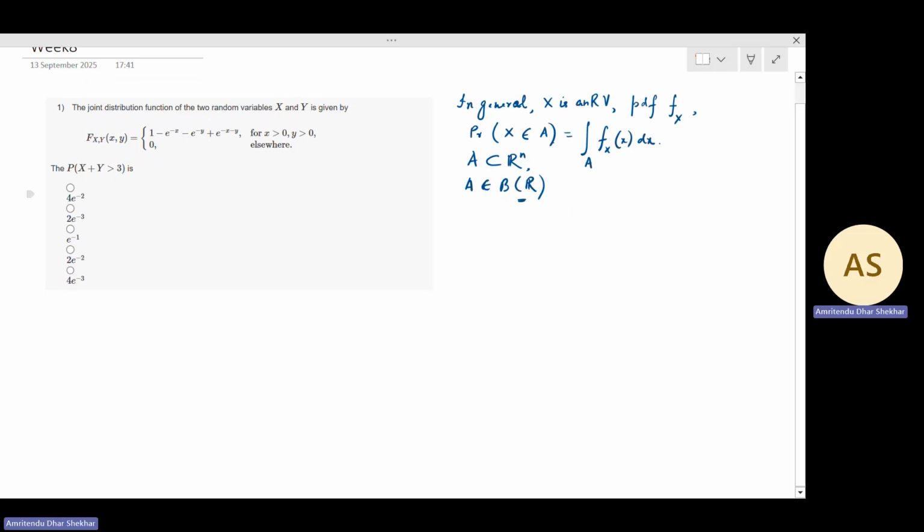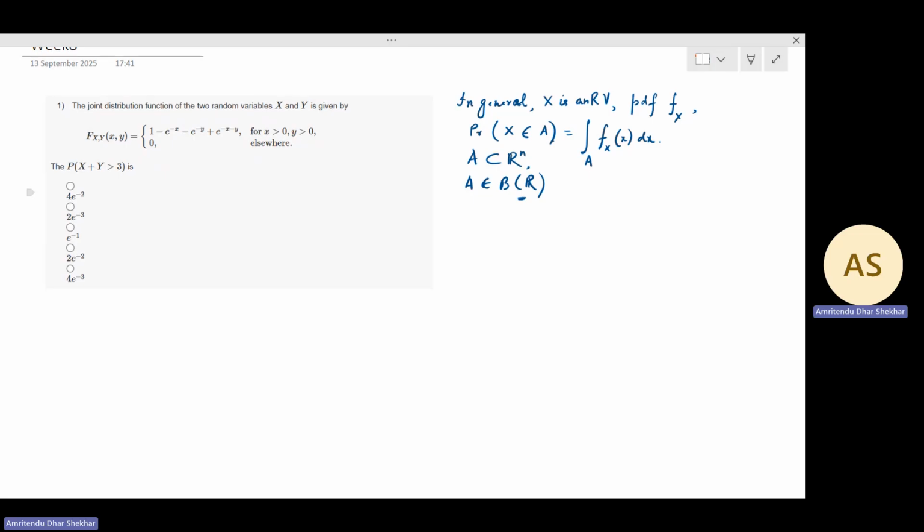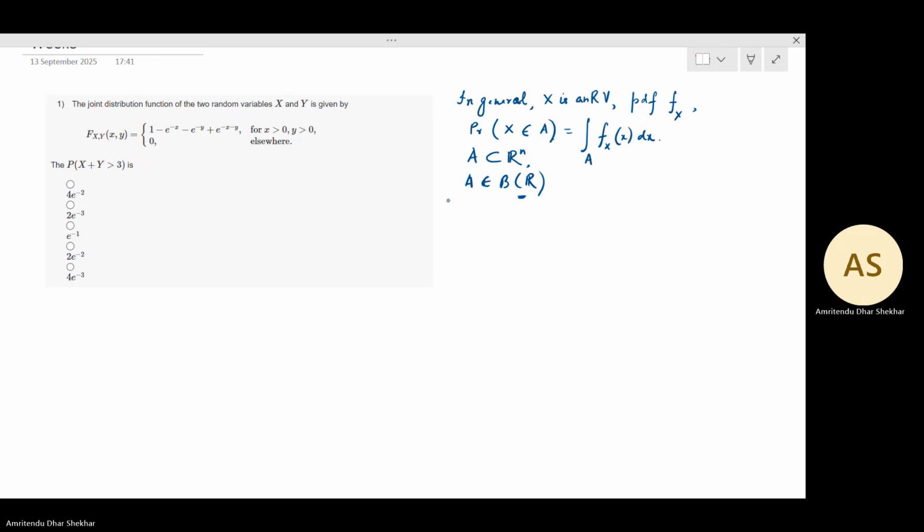Now, in order to do this for the case of two random variables, or in general for a multivariate case, let us say x1 to xn are random variables with a joint PDF f.